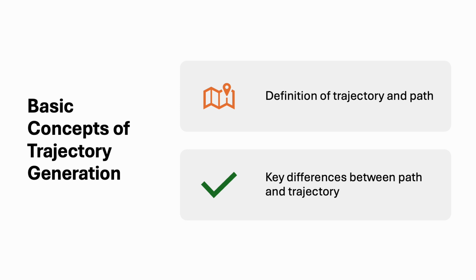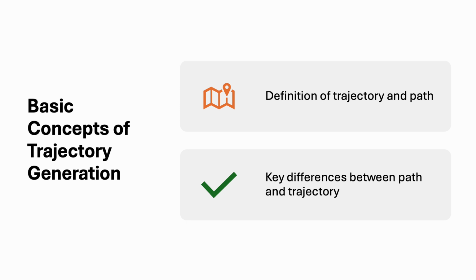It is essentially a geometric route that outlines where a robot should go without considering the timing or speed of the movement. For example, in the context of a robotaxi, the path could be a planned route from a pickup location to a drop-off point, including the streets and turns it needs to take to reach the destination.